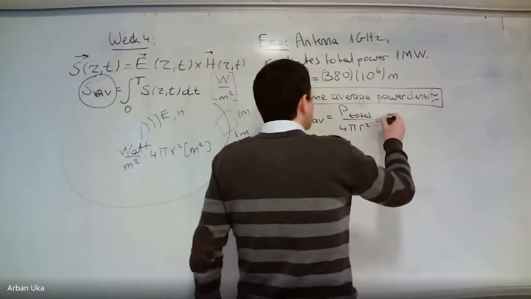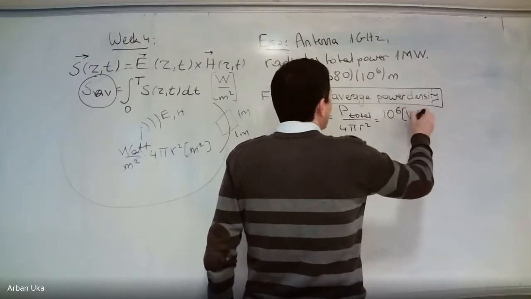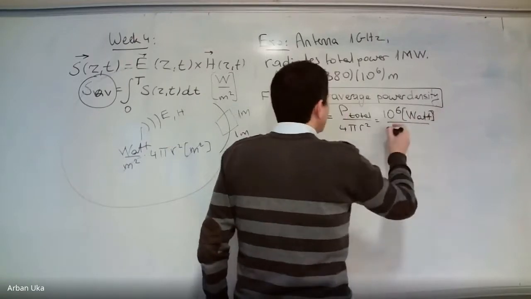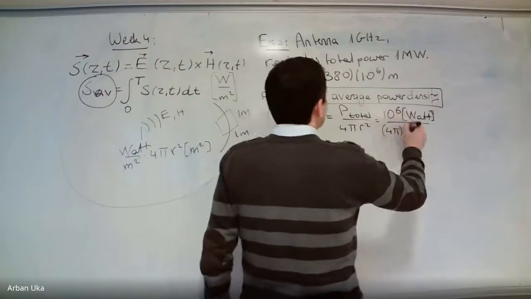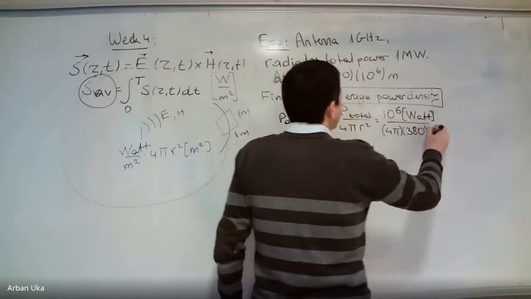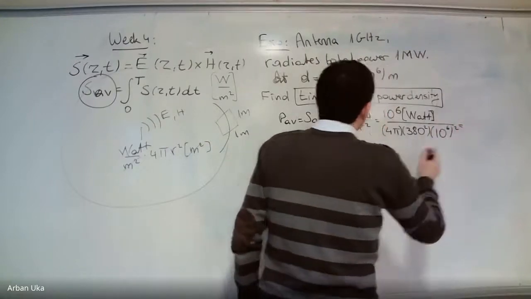So here we get 10 to the power 6 watt divided by 4 pi times 380 squared times 10 to the power 6, all squared.